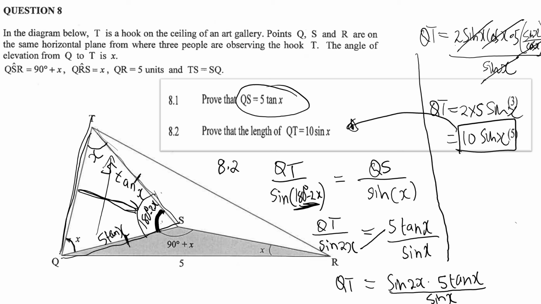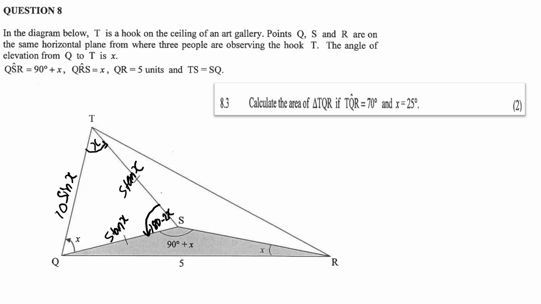All right. Let's conclude with the last question, 8.3. It says, calculate the area of triangle TQR, right? Triangle TQR is the bigger triangle. So is this big triangle, right? They want us to get the area of that.